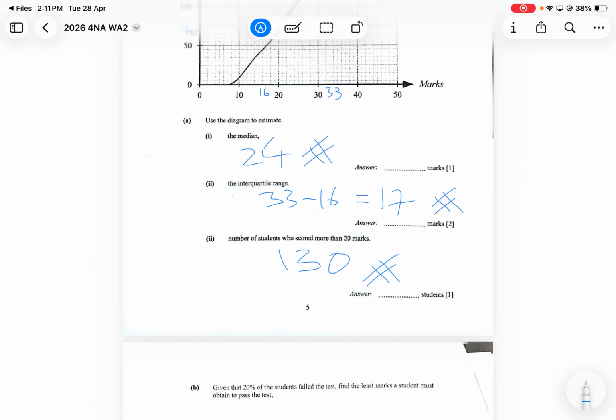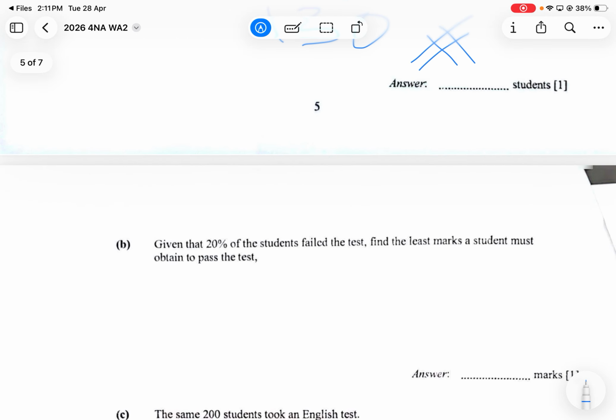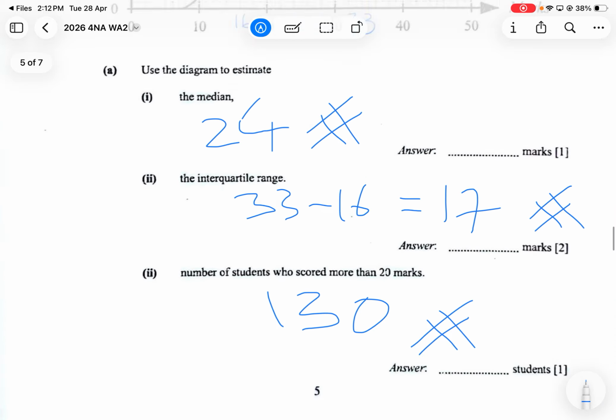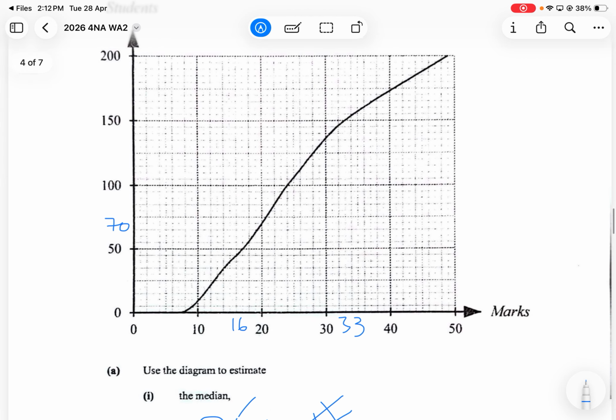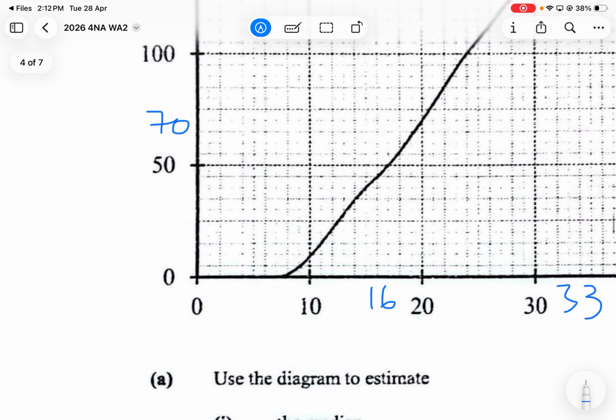Given that 20% of students fail the test, find the least mark a student must obtain to pass the test. So the passing mark is not 50. They tell you 20% fail. So you must see where 20% of students is. 20% of 200 is 40 students. So where is 40 students? 40 students is here.